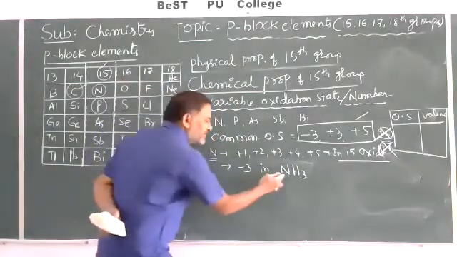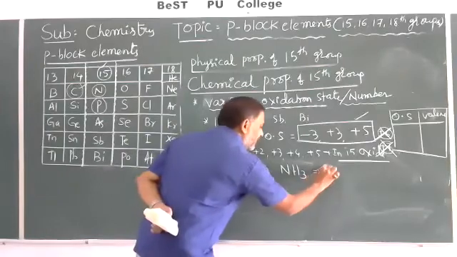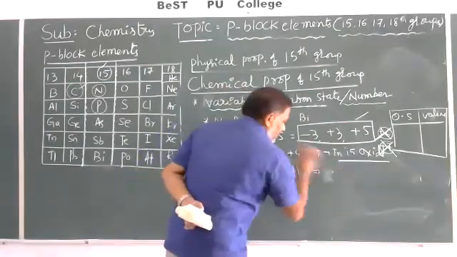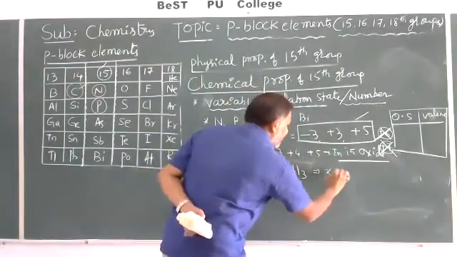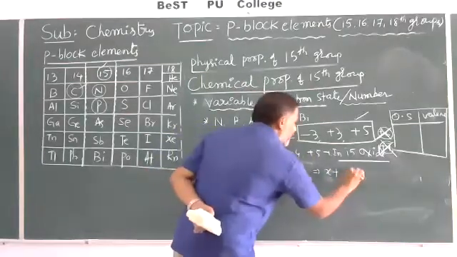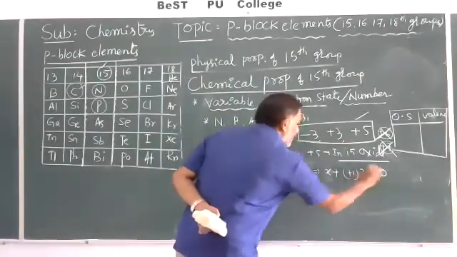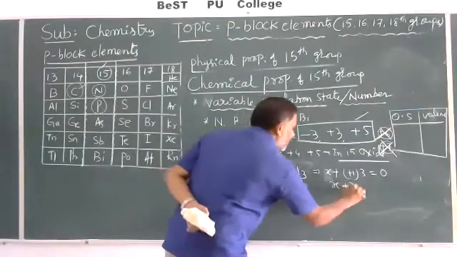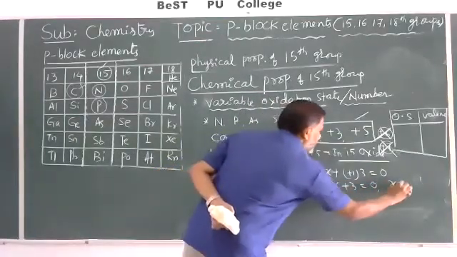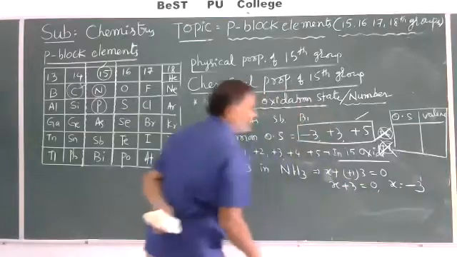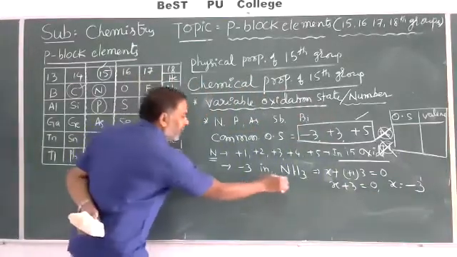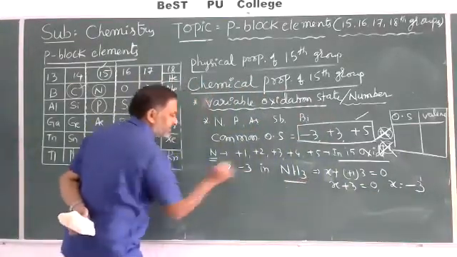Let us consider nitrogen as X. X plus hydrogen, +1 into 3, equals 0. So X plus 3 equals 0, X equals -3. In ammonia, nitrogen shows -3.